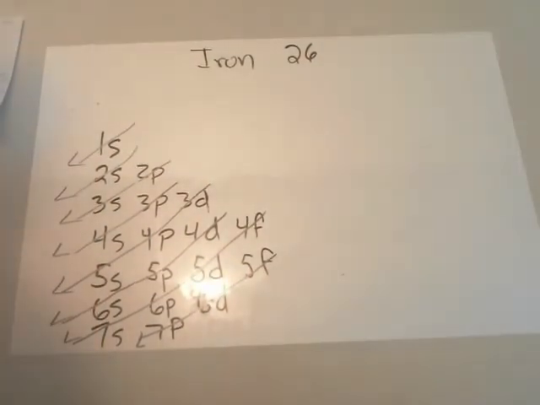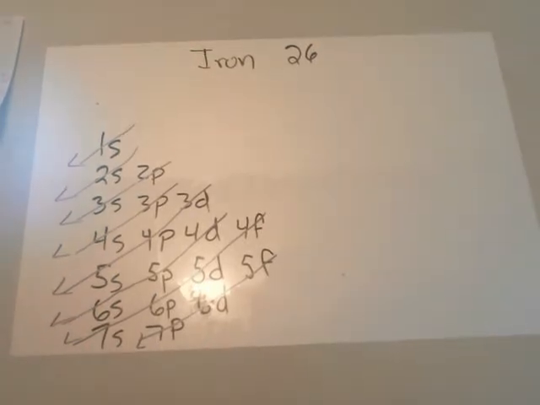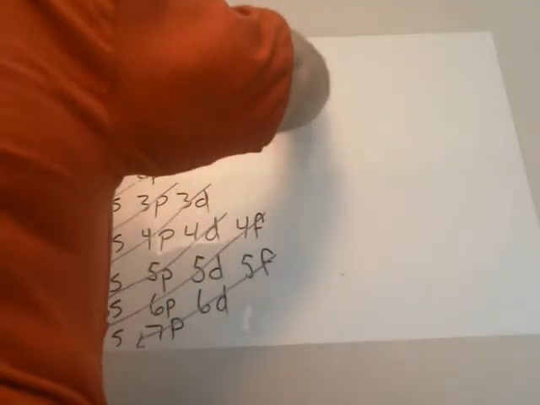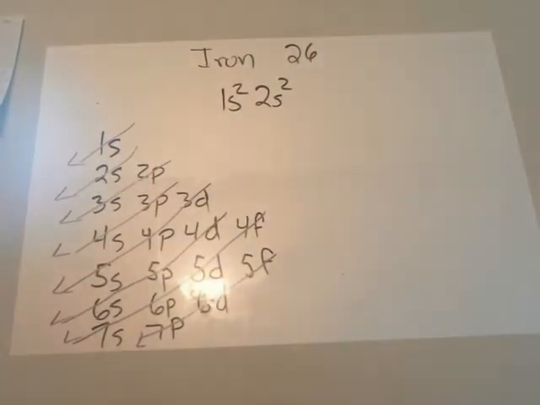So I have 26 electrons that I need to place. So I'm going to use this chart to help me. I know I have my first 2 electrons in the 1s. Then I go to the 2s for my next 2 electrons. So I'm down from 26 electrons to 22 electrons I still have to place.